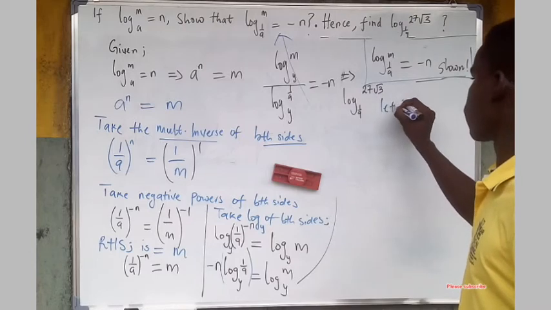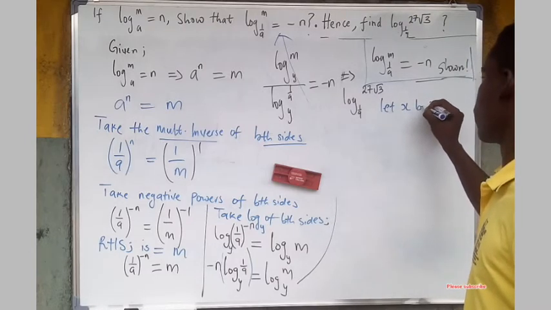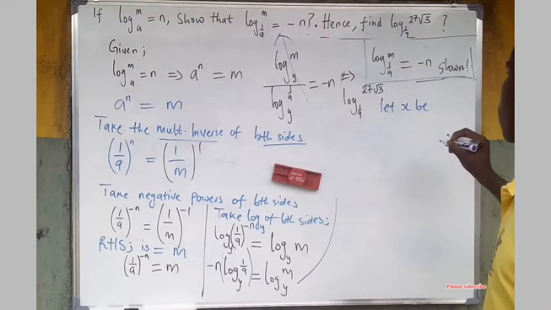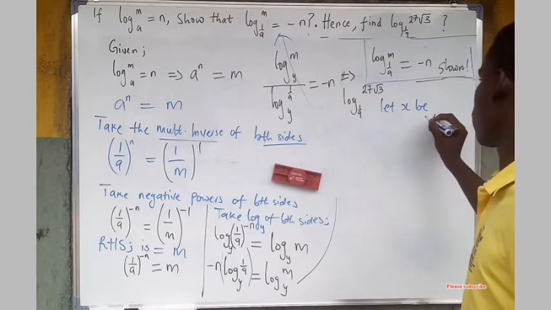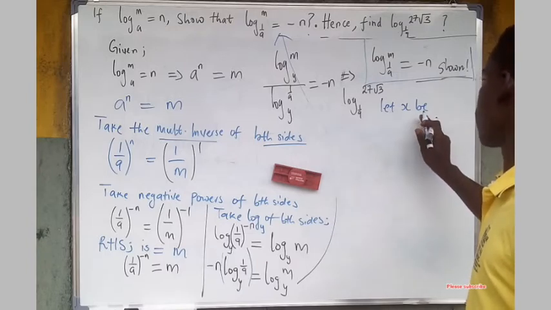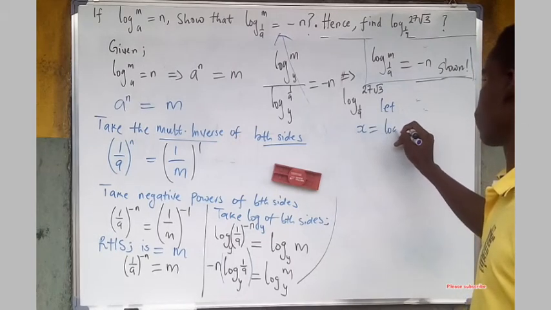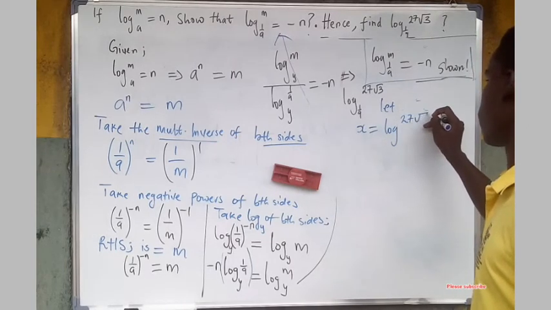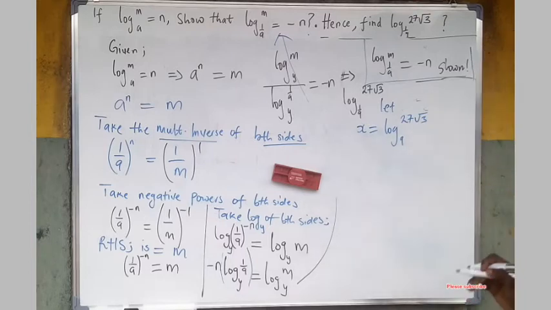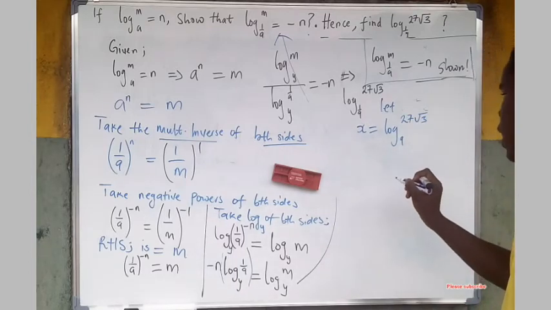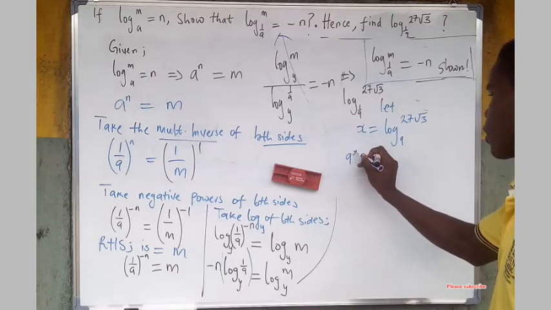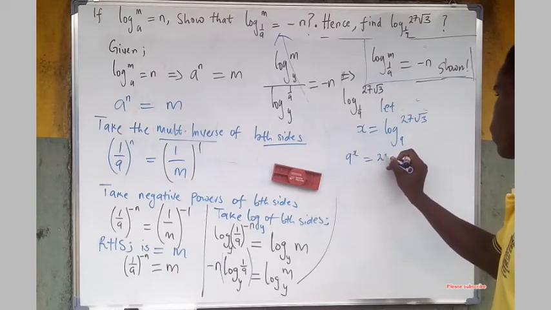Let x be equal to log of 27 root 3 to base 9. So we have that 9 raised to the power x will be equal to 27 root 3.